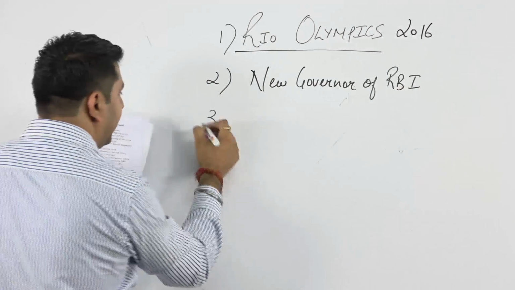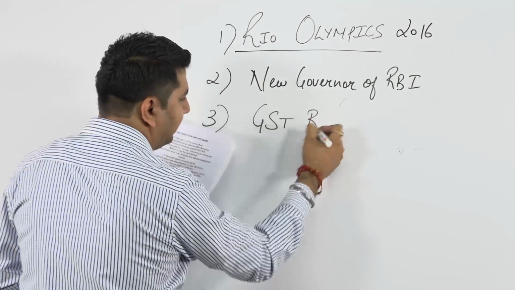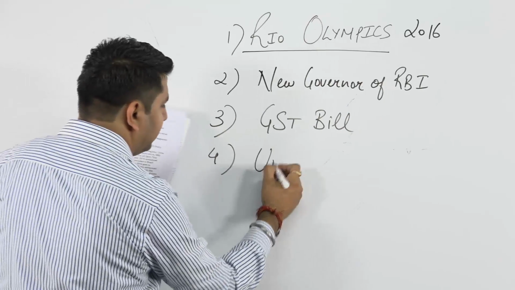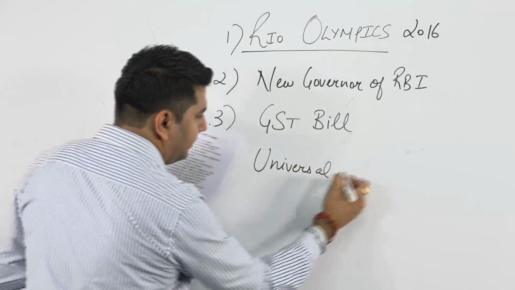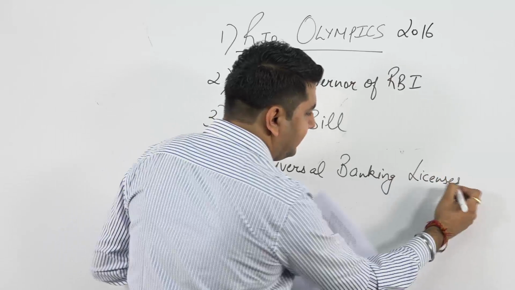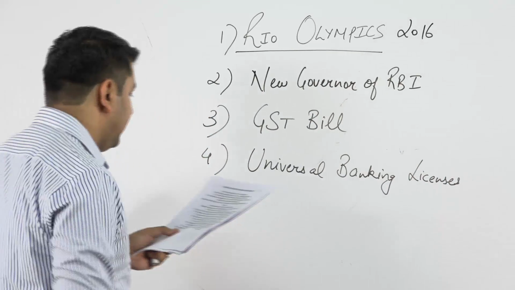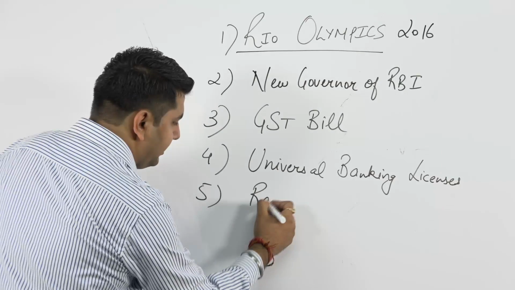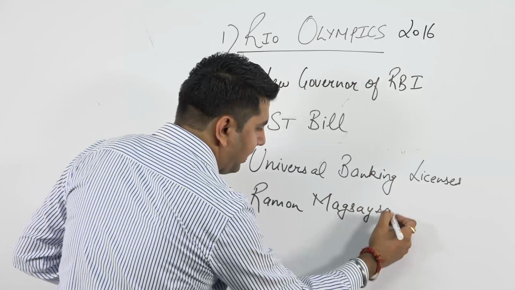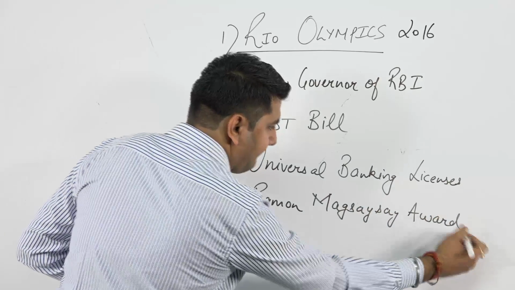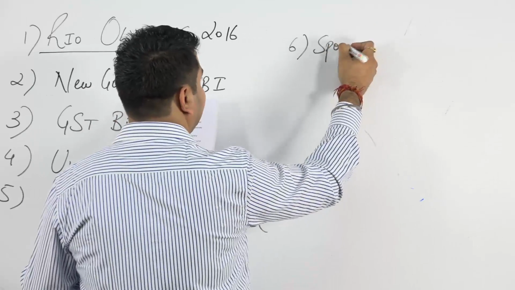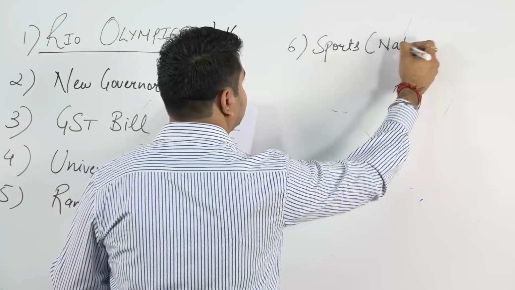The third important point is the GST bill. The fourth important point is the universal banking licenses, which are approved by RBI. Then the next one is the Ramon Magsaysay Award. And the next important point is the sports awards, basically the National Sports Awards.